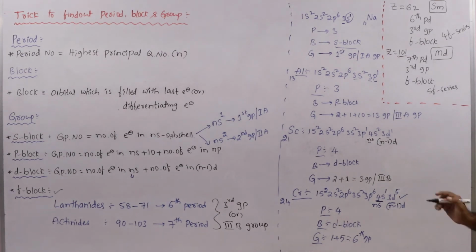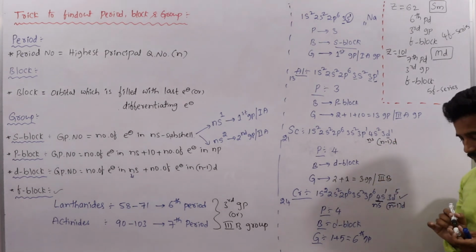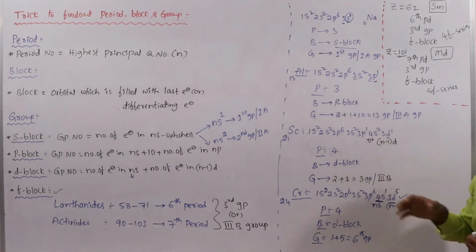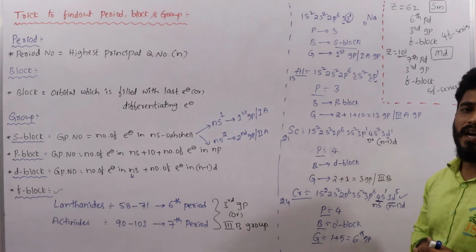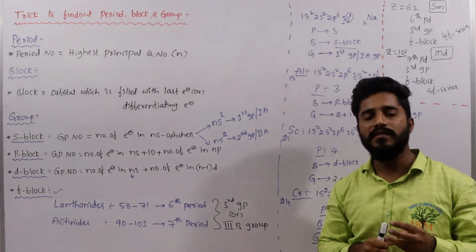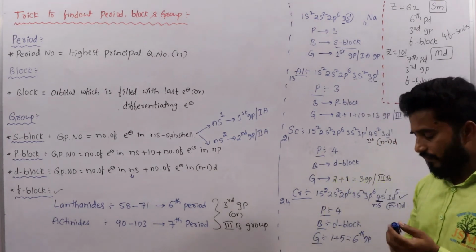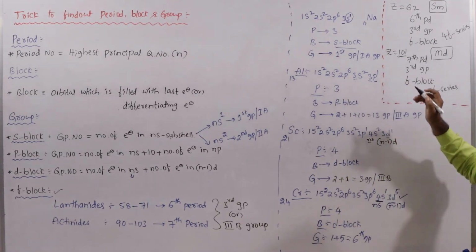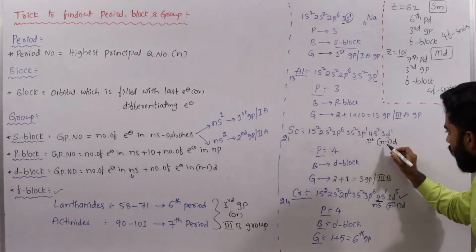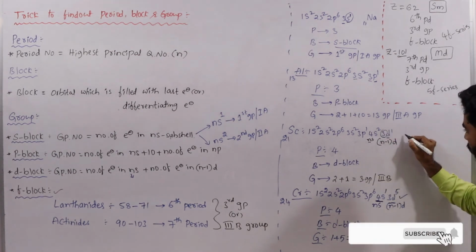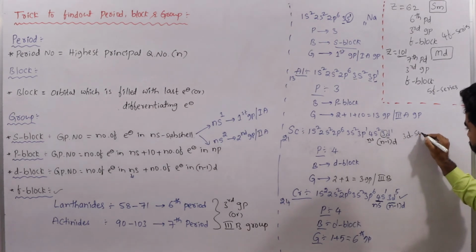Also, for scandium and chromium, the D block elements contain 4 series: 3d series, 4d series, 5d series and 6d series. When you observe the configuration, the (n minus 1)d number is 3, so it belongs to the 3d series.